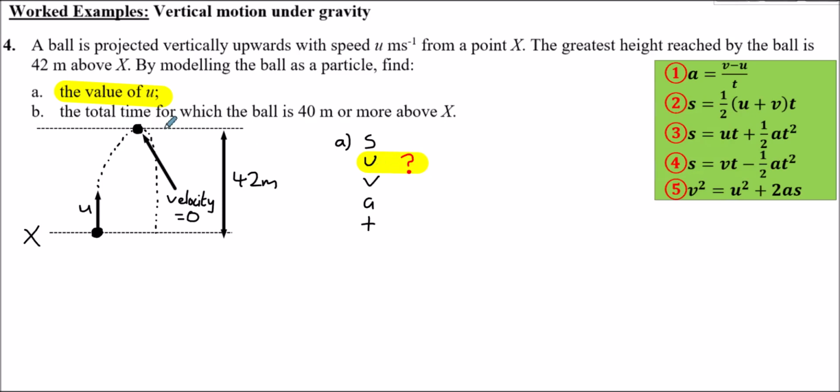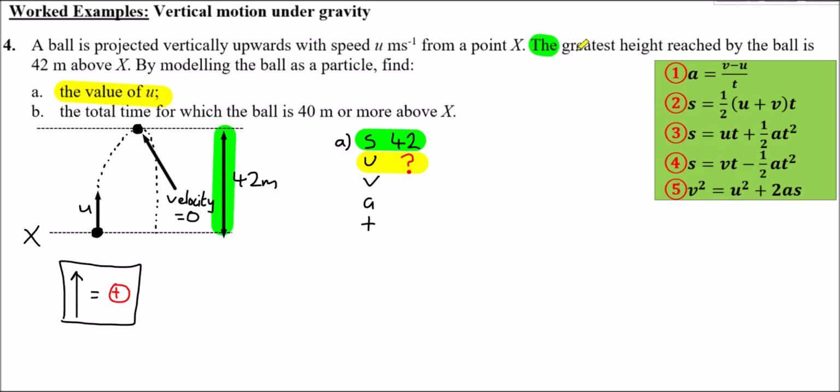Now, based on what we know for part A, the displacement at the maximum is 42 meters, and again, like I keep mentioning, I'm taking upwards to be positive. The initial direction of motion, I think it's easiest if we just take that to be the positive. So S is going to be 42. And we know this from what the question says here.